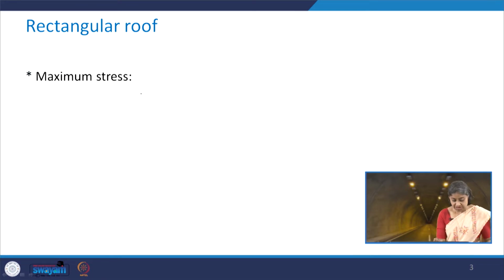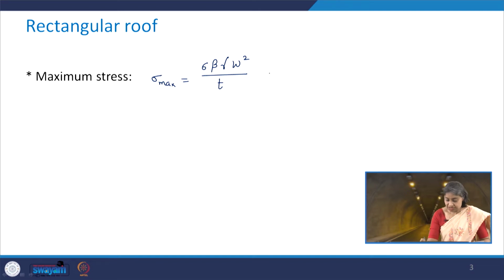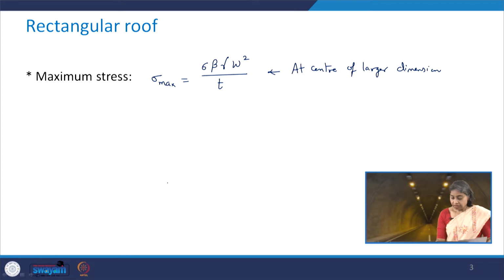The maximum stress is given by sigma max equal to 6 beta gamma W square by T, and this occurs at the center of the larger dimension, where T is the thickness of the immediate roof.